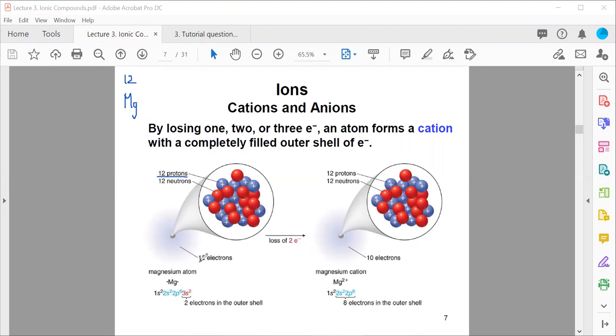In a neutral atom of magnesium, there will also be 12 balancing negatively charged electrons.